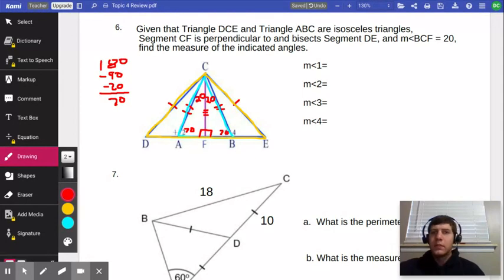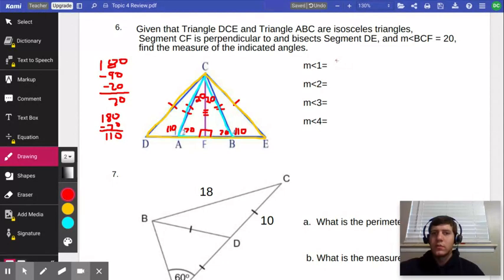Okay, and then you have linear pairs. Right, we have a linear pair here. So linear pairs are supplementary. So 180 minus 70 is going to give us 110. So this is 110. And then this is 110. Okay, so fairly straightforward there.